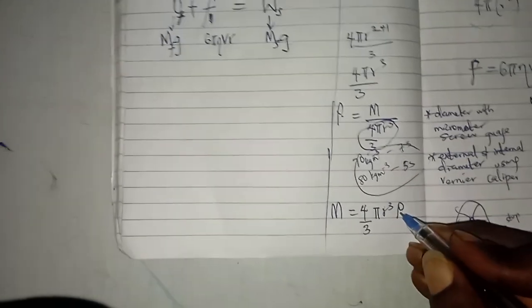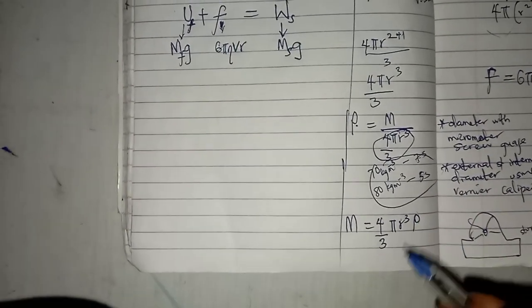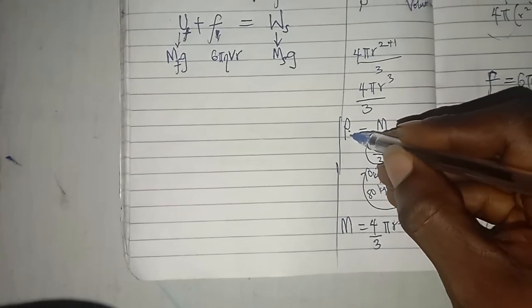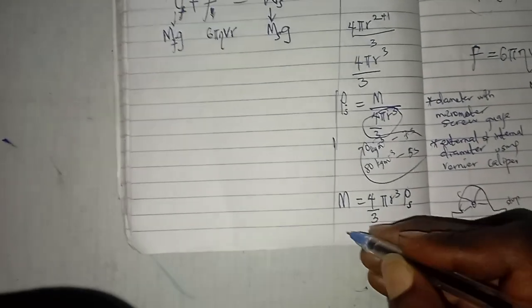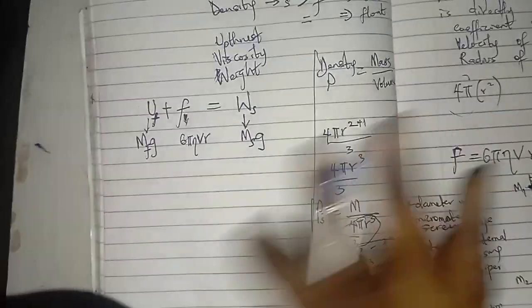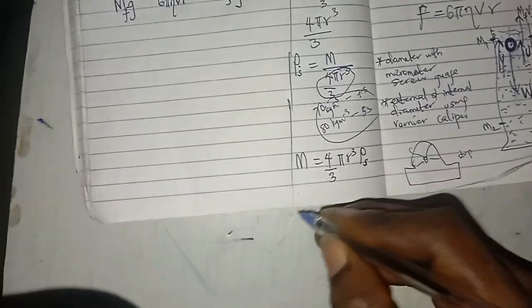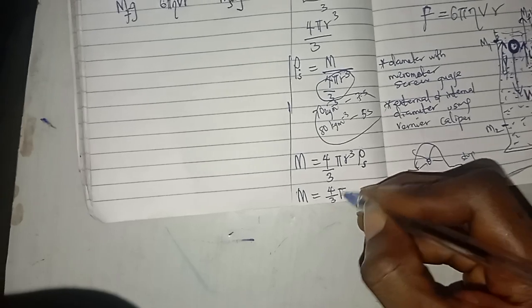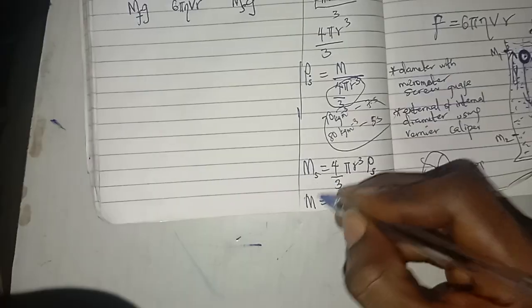This rho now is what is different, that is density. When I'm talking about the density of the sphere, this will carry S. And when I'm talking about the density of fluid, it will be equal to 4 over 3 pi r cube rho F. Let's say I do m of sphere and m of fluid.